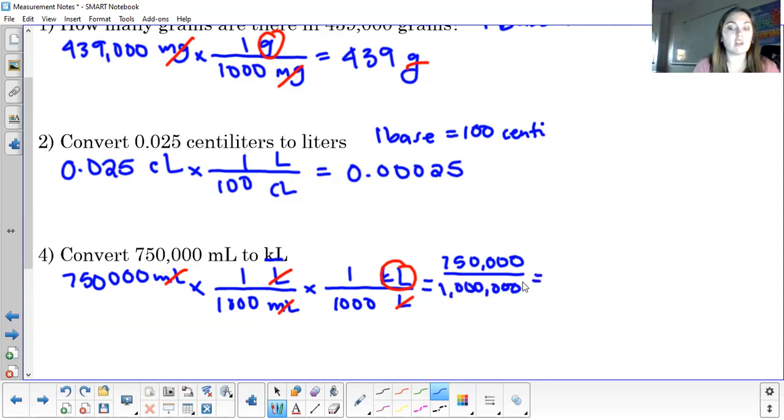So I'm going to do 750,000 divided by 1 million. And I should get 0.75. And the units you end up with are kiloliters.